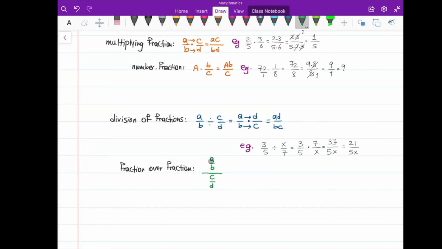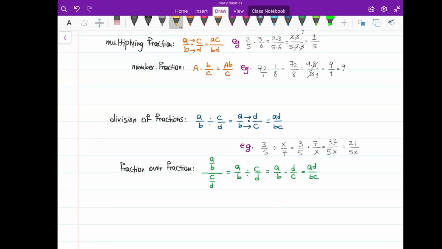Basically, it's a over b, and then instead of this big fraction, I have division, c over d, right? And so I can change the division and make it like that, a over b times d over c. I flip the second fraction, and then it would be ad over bc.